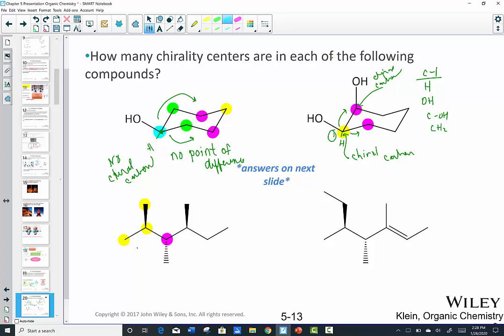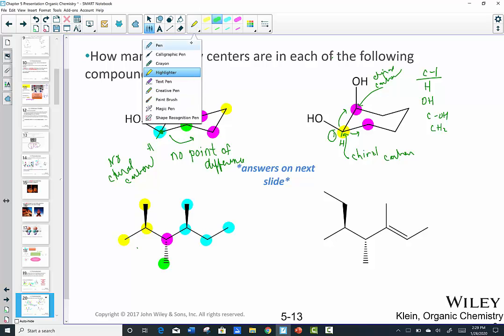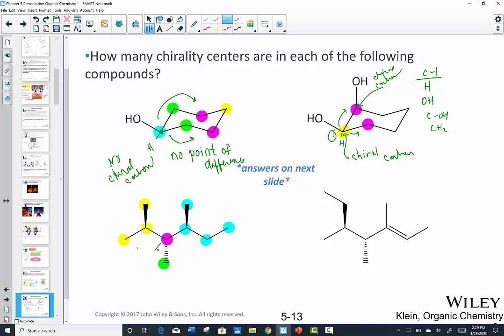Over here, there's a total of 4 carbons adjacent to the right. There's a total of 1 carbon adjacent down, and not drawn but we know is there is the hydrogen, making that a unique branch as well. So this right here is indeed a chiral carbon. Do you see another?